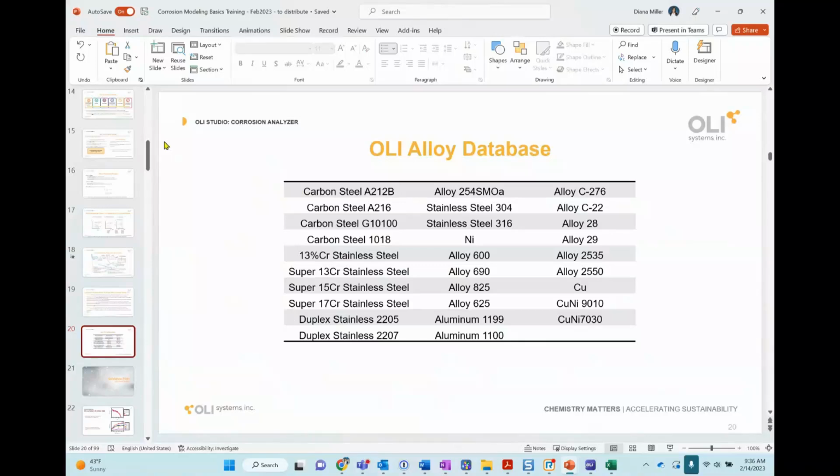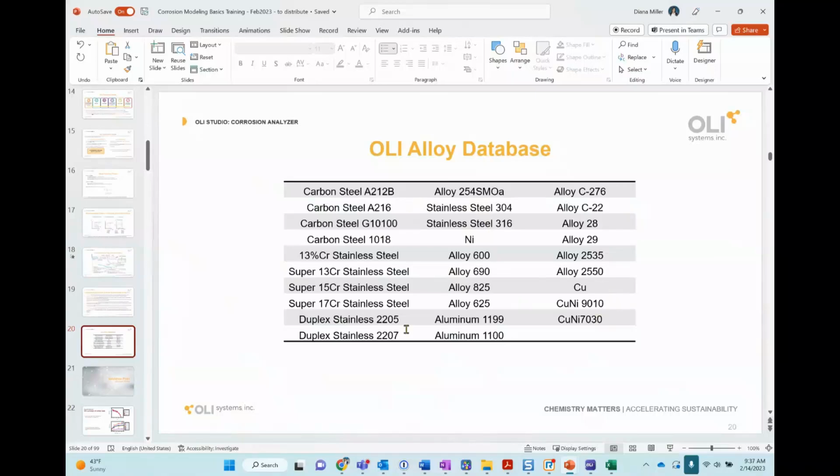So you'll see we have carbon steels. We have for oil and gas, this 13 chromium stainless steel, super 13 chrome, 15 chrome, 17 chrome, duplex stainless steels. We have the stainless steel 304 and 316. Some nickel alloys here, Inconels, Hastelloys, aluminum alloys, more nickel alloys around here, copper nickel alloys as well.